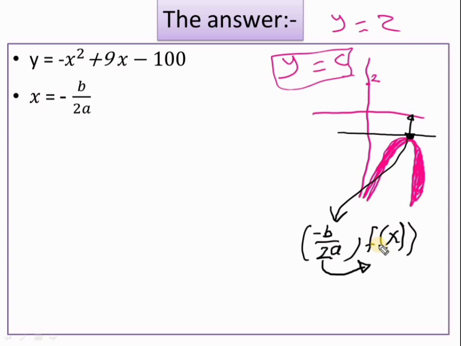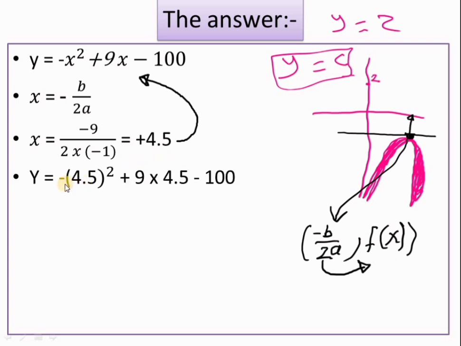Now it's so clear that x equals negative b over 2a, where b is the coefficient of x, so negative 9 over 2 times a, the coefficient of x power 2, so 2 times negative 1, equals 4.5. Now you can take this value and substitute in the equation to get the value of y, which refers to the value of c.